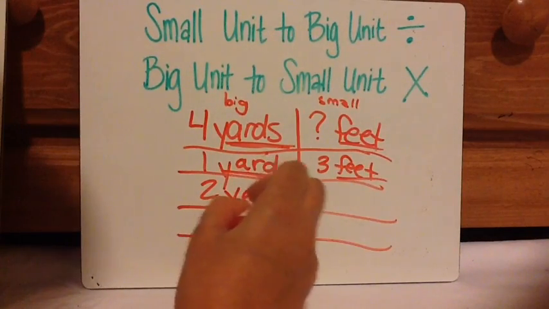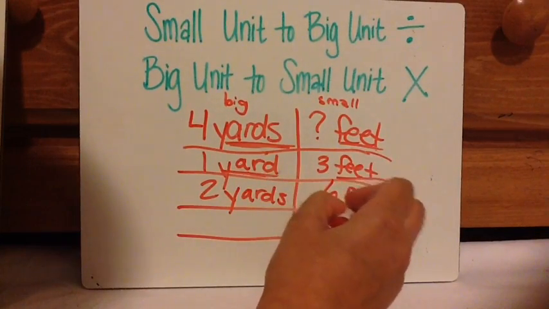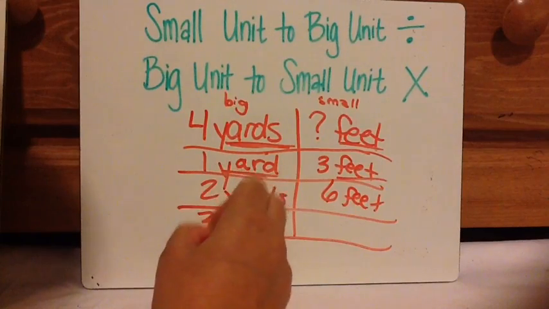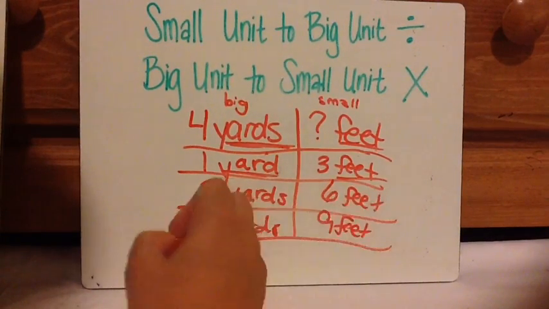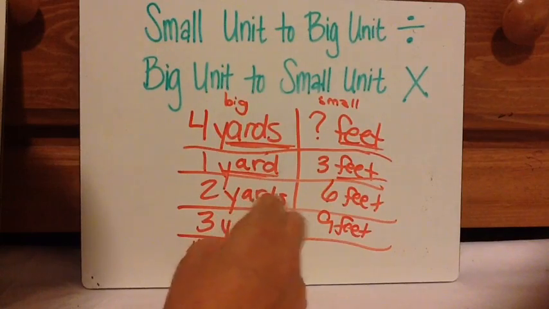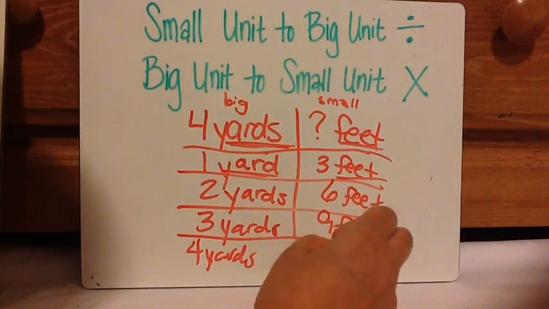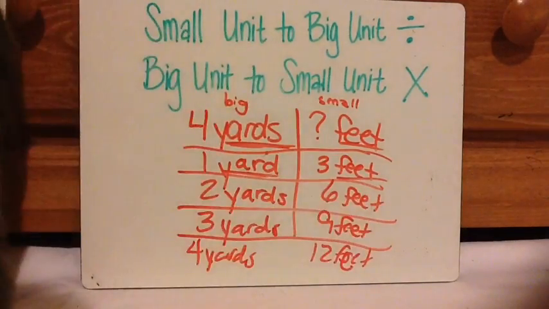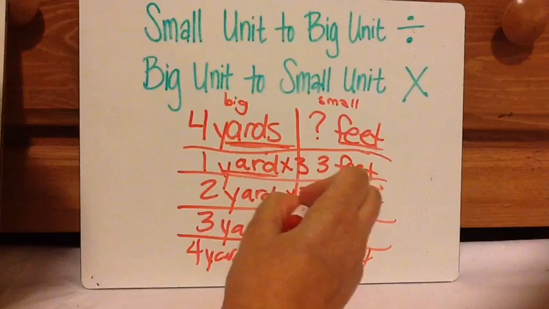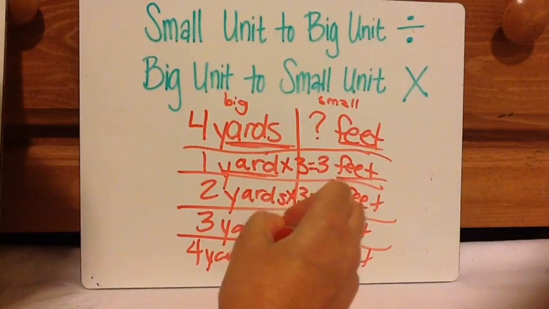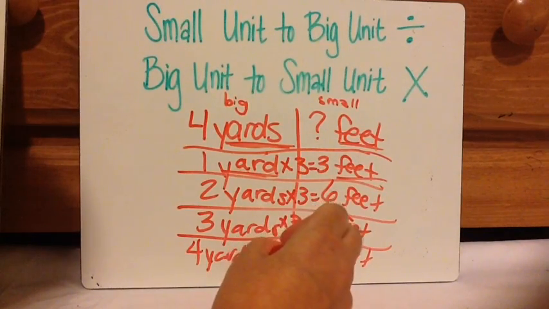So that means if I had 2 yards, that would be doubled, which is 6 feet. 3 yards would be 9 feet. 4 yards is 12 feet. The reason I know that is because 1 yard is 3 feet. So times 3, times 3, times 3, times 3.